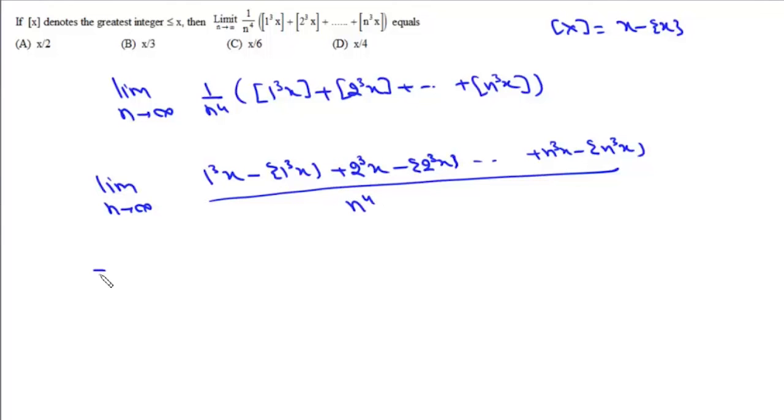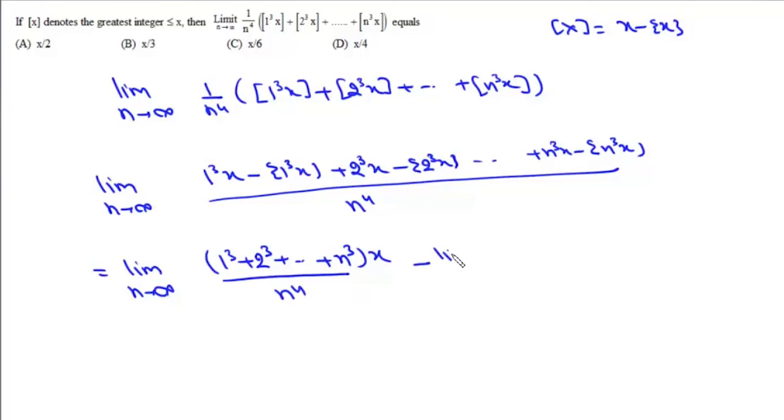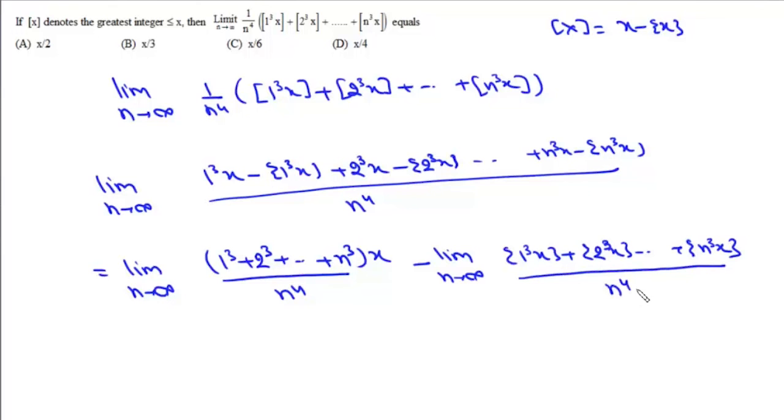Now we'll separate these two limits. So we'll write them as limit n tends to infinity, and the first one will be (1 cube plus 2 cube up to n cube) into x upon n to the power 4, and then minus this limit n tends to infinity of (fractional part of 1 cube x plus fractional part of 2 cube x up to fractional part of n cube x) upon n to the power 4.